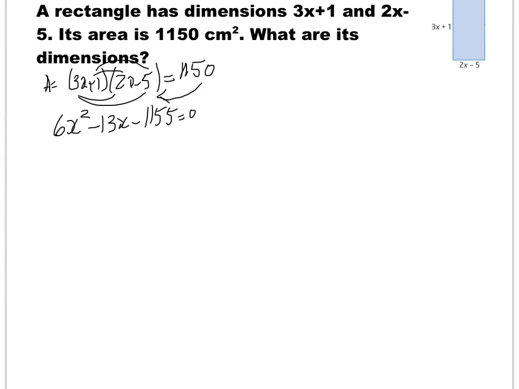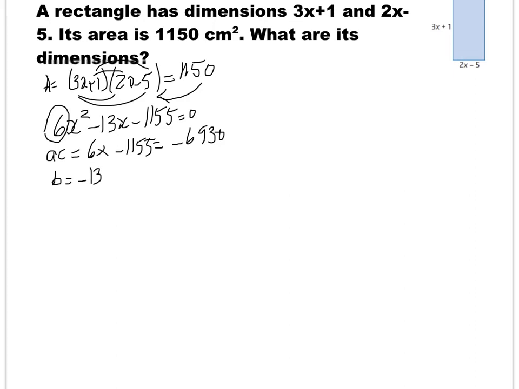Now there is no common factor here, and a is not equal to 1. So AC is 6 times negative 1155, which is going to be negative 6930, and B is negative 13. Now we have to find two numbers.